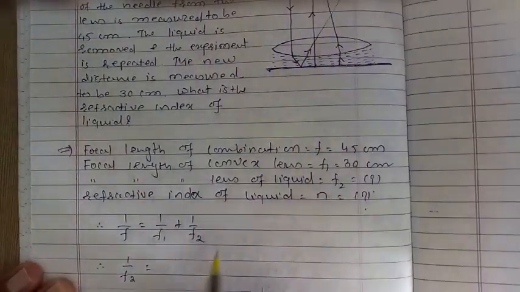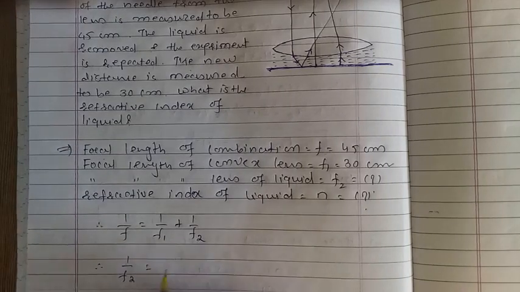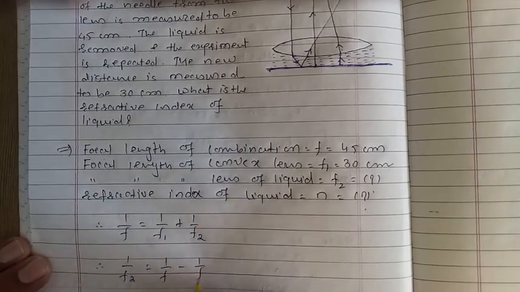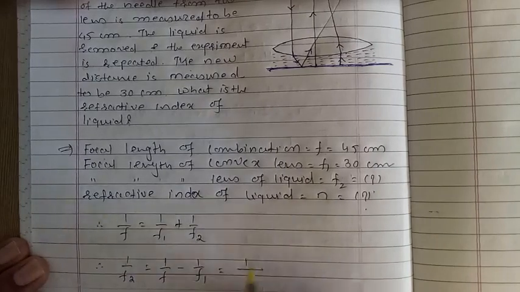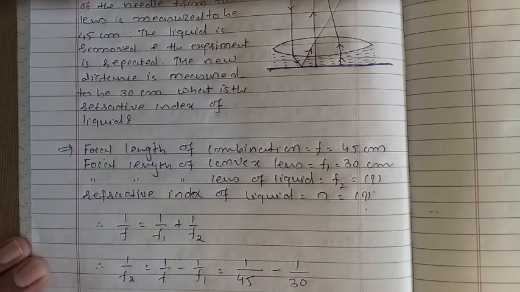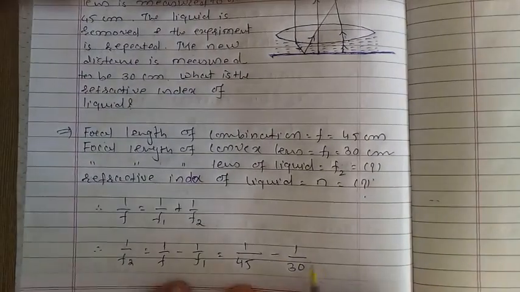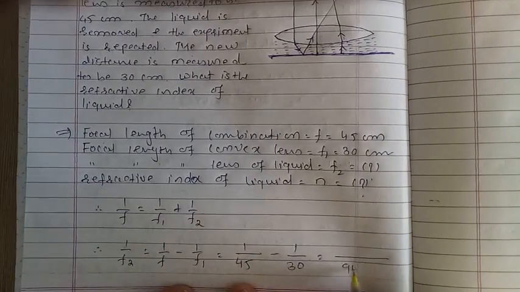So 1 by f2 is equal to 1 by f minus 1 upon f1. So 1 upon the value of f, which is 45, minus 1 upon the value of f1, which is 30. We have to take the LCM of 45 and 30. The LCM is 90.